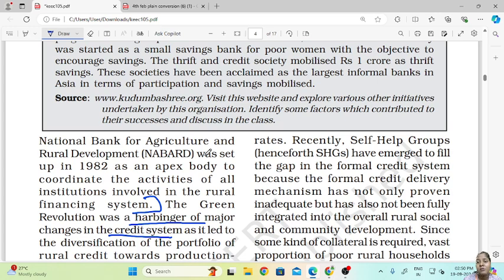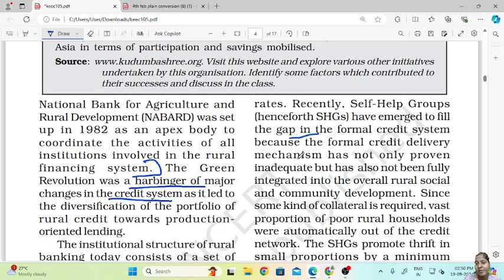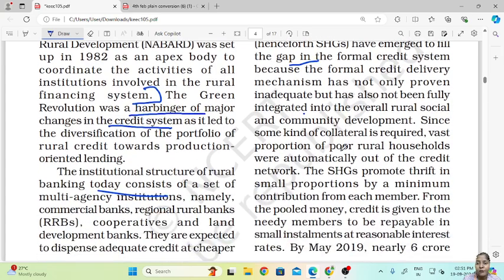Self-help groups have emerged to fill the gap in the formal credit system, because the formal credit delivery mechanism has not only proven inadequate but has also not been fully integrated into the overall rural social and community development. Since some kind of collateral is required, a vast proportion of poor rural households were automatically out of the credit network.